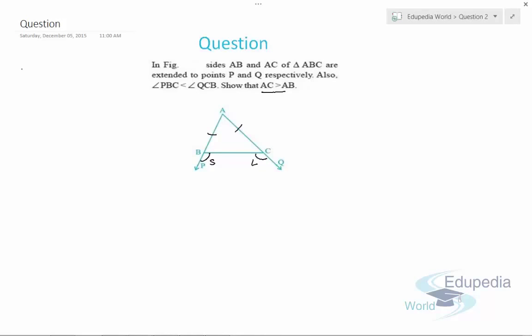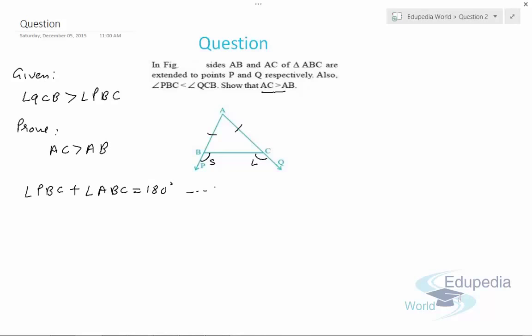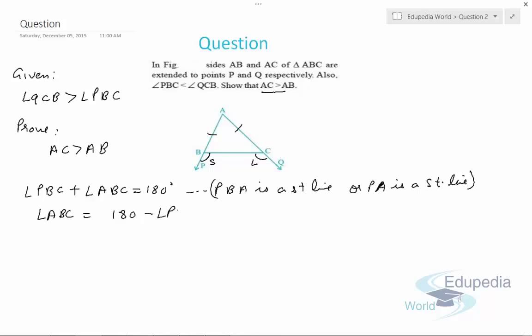First of all, we need to write what is given. It's given that angle QCB is greater than angle PBC, and we need to prove that AC is greater than AB. As we all know, angle PBC plus angle ABC equals 180 degrees, because PBA is a straight line. So angle ABC equals 180 minus angle PBC.